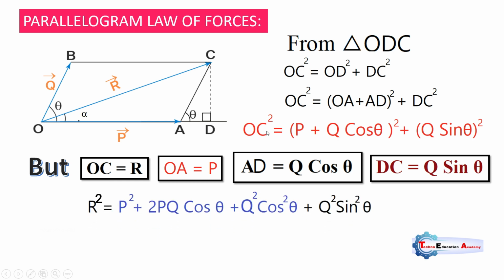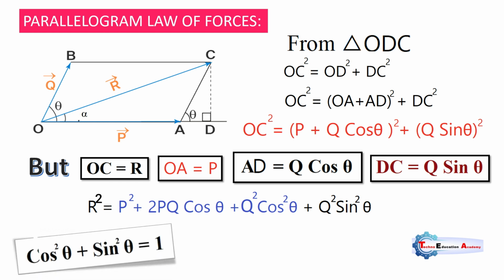So now we will put the value OC equal to R. So R square equals, we know that according to the fundamentals of mathematics, (x plus y) square equals x square plus 2xy plus y square. So here, P square plus 2PQ cos theta plus Q square cos square theta plus Q square sin square theta.